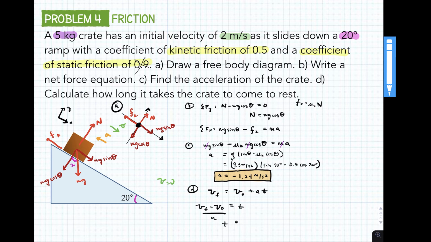So time is equal to 0 minus 2 meters per second divided by negative 1.24 meters, or sorry, meters per second squared.